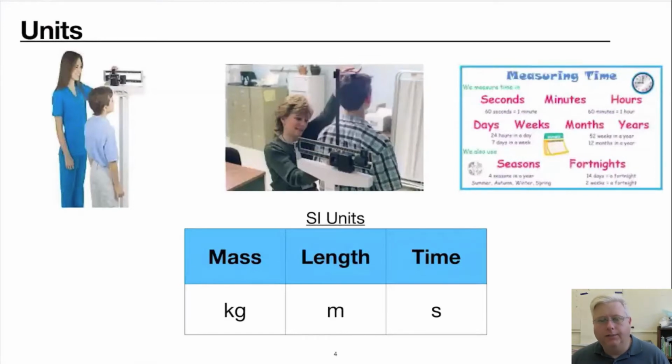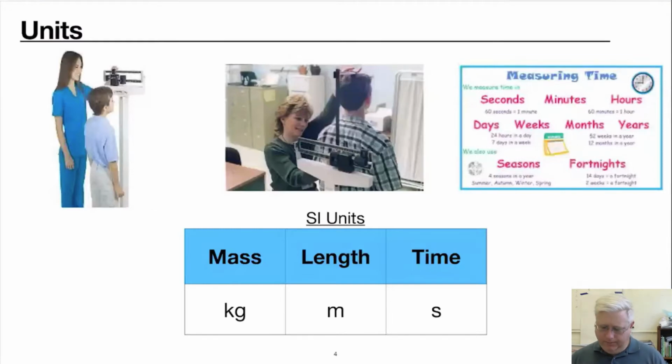So there's all kinds of units out there, and if you go to the doctor's office and you get weighed, at least here in the U.S., they tell me how many pounds I weigh, and I get a little upset every time. And they also will measure my height for whatever reason. I don't know why. I stopped growing 20 years ago, and they still keep on measuring my height. And they do that usually in feet and inches.